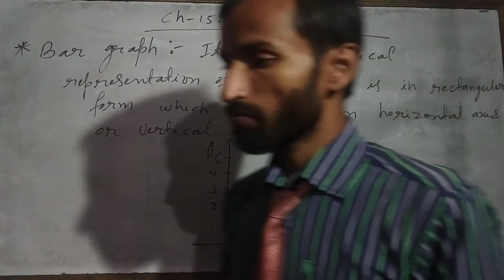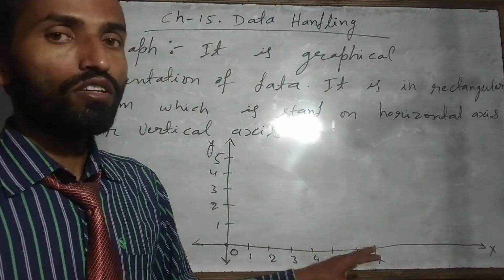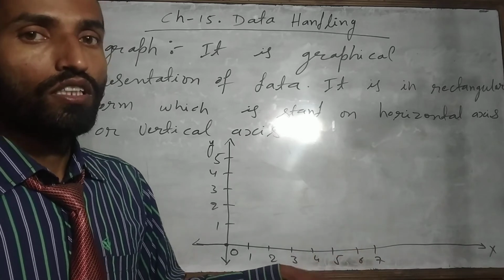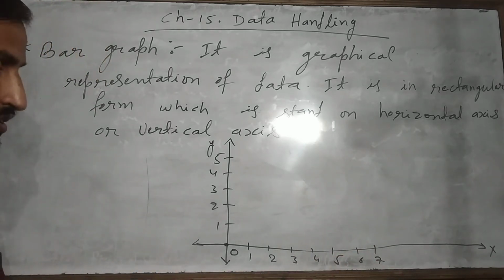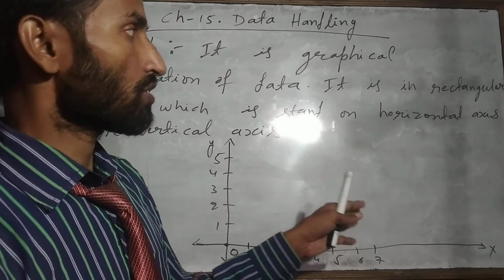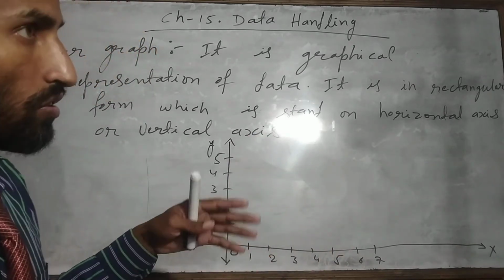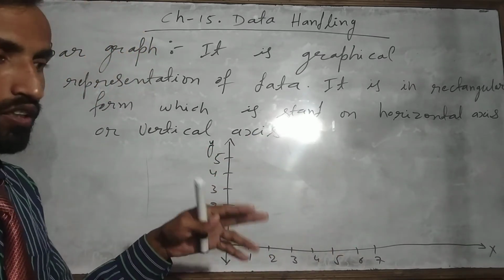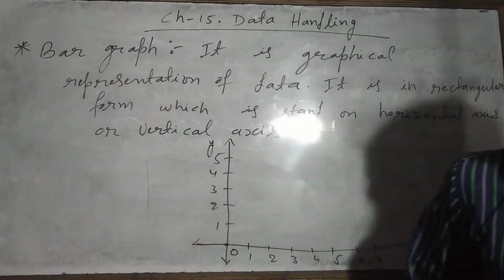In most cases of bar graphs, on this axis we write the names of the different components, depending on the question and what information is given in the table. In the question the table is already given and you have to draw the table.